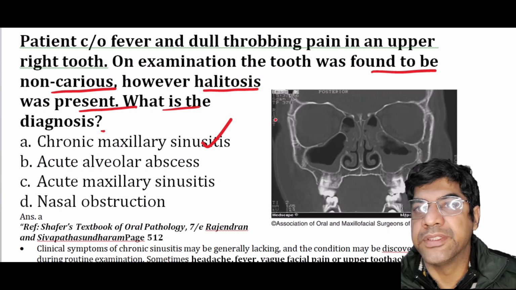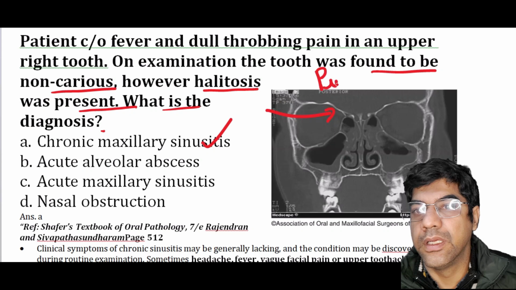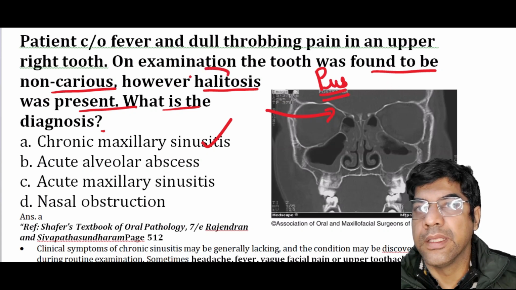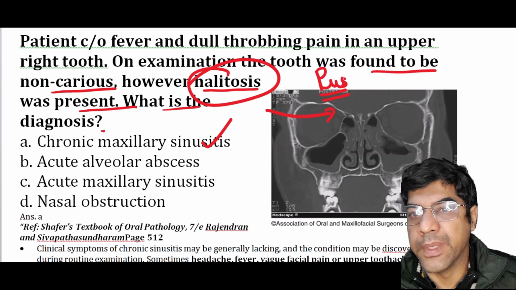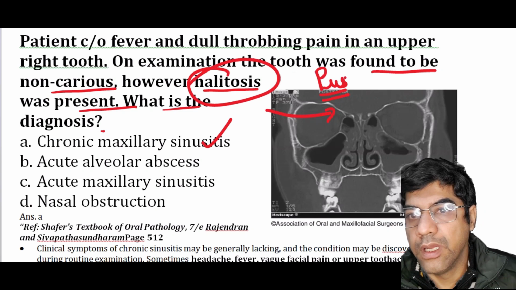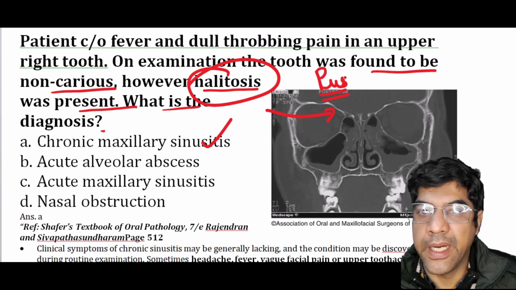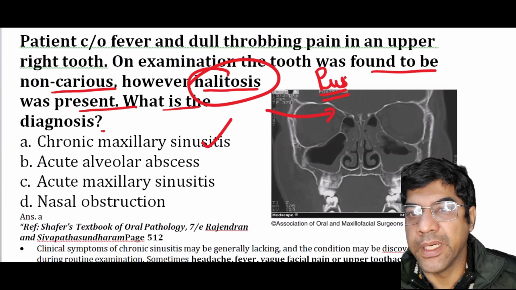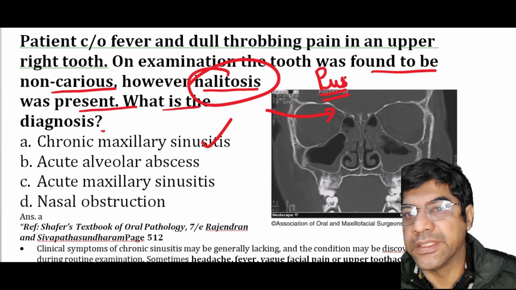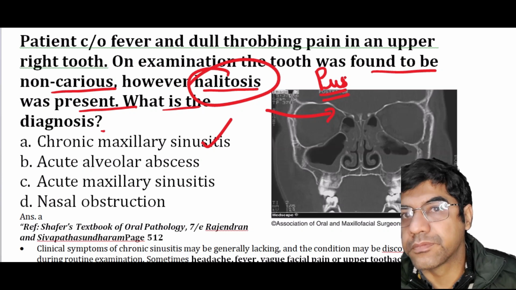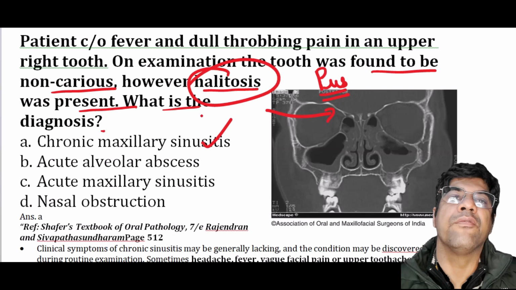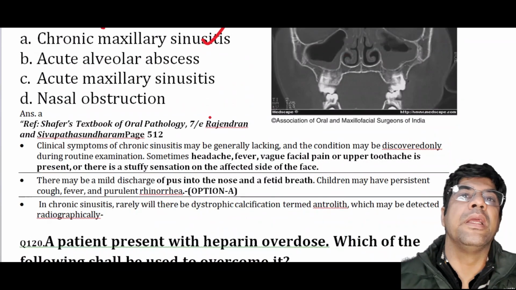There may be discharge of pus into the nose, and halitosis, that is bad breath, can be present. Acute sinusitis might have more pronounced symptoms, but in chronic cases, the clinical presentation could be subtle.